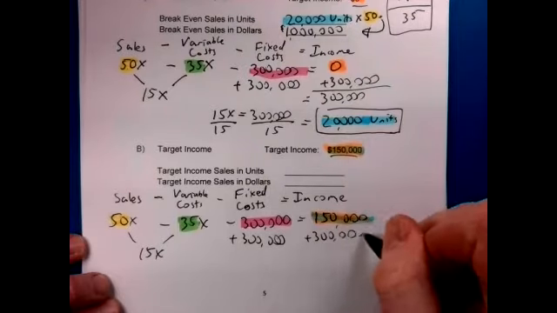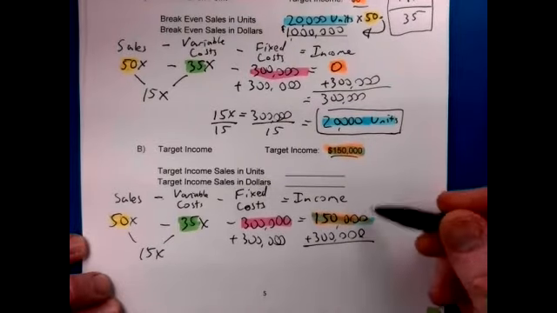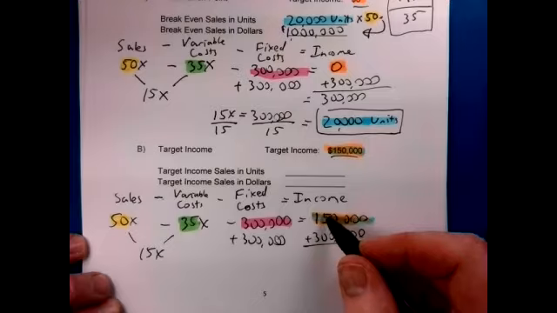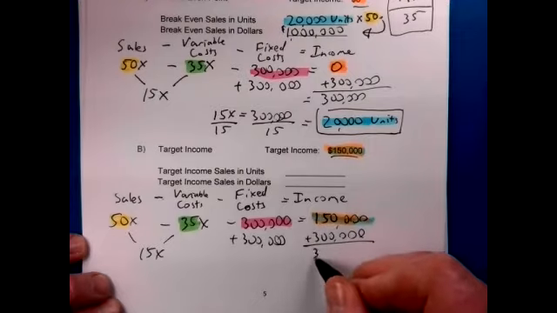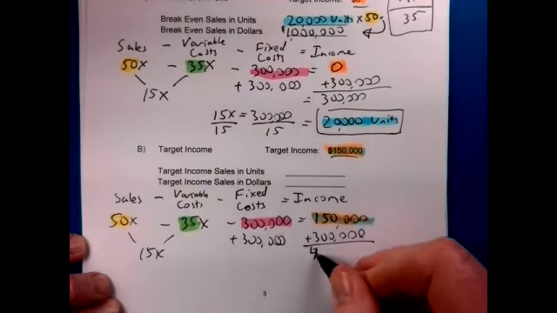Notice that even these are all the same, plus 300,000. This over here is going to be more just because we have to add the 150,000 plus the 300,000, which comes out to 450,000.